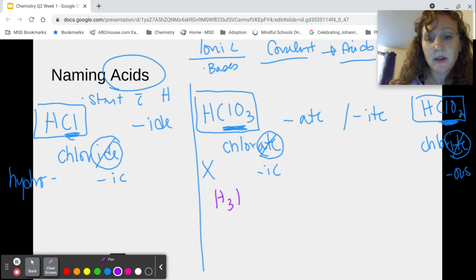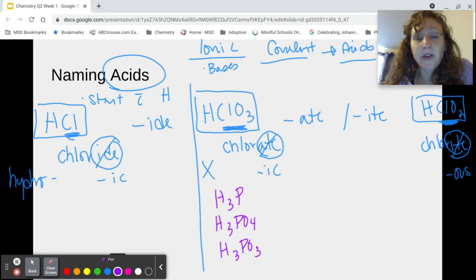H3P, H3PO4, and H3PO3. All three of these are acids. They all start with hydrogen. They're all hydrogen attached to an anion. So pause the video here and see if you can name these acids.